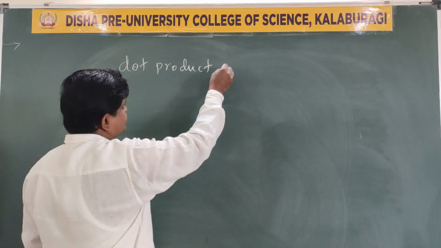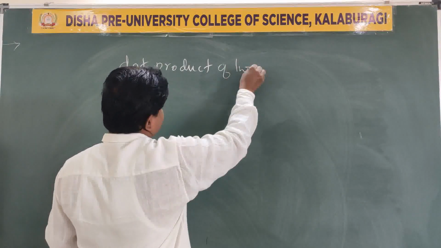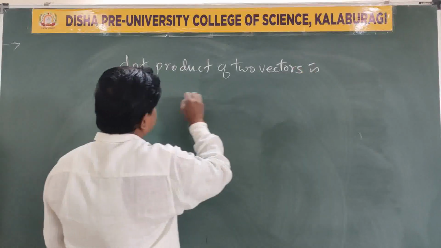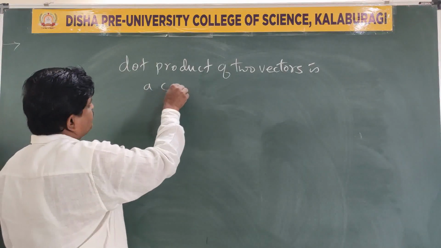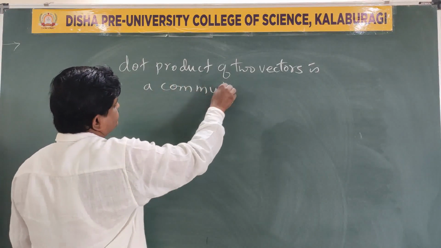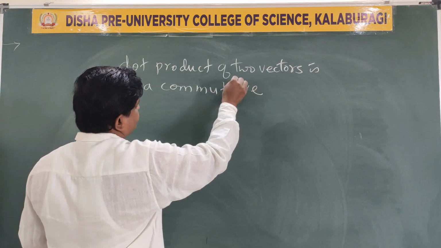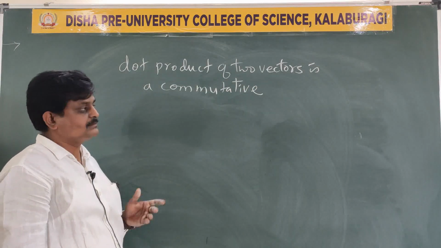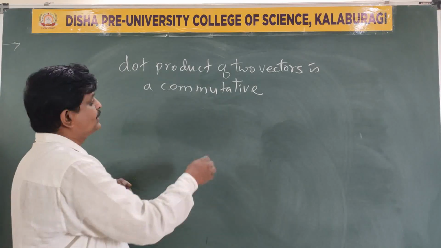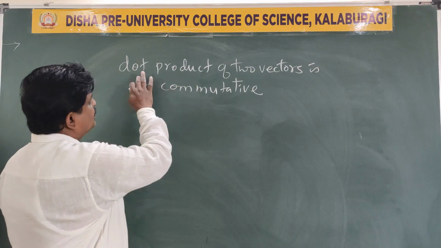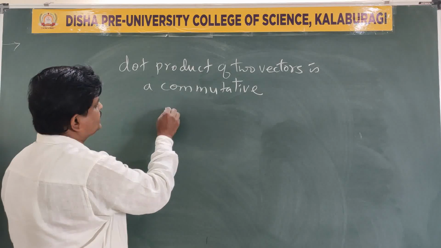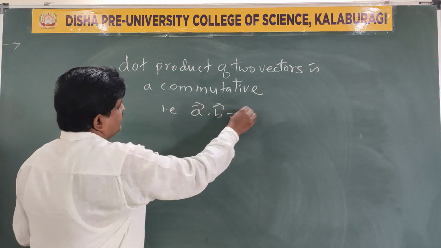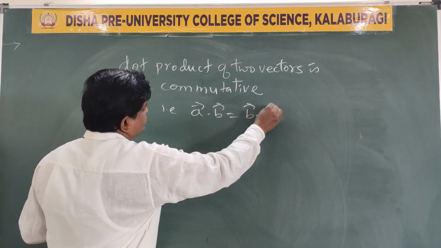I hope you know in mathematics there are the commutative law, associative law, identity law, inverse, the same idea. The dot product of two vectors is commutative. That is, a dot b is the same as b dot a.